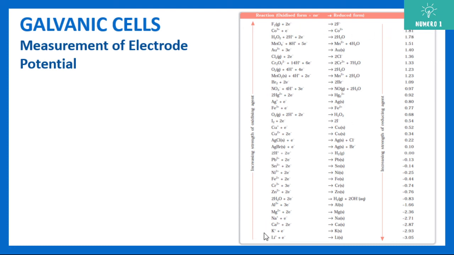The bottom of the series gives you reducing agents. Lithium has the most negative E naught value, so it is a very strong reducing agent. This is the overall result of our electrode potential measurements.